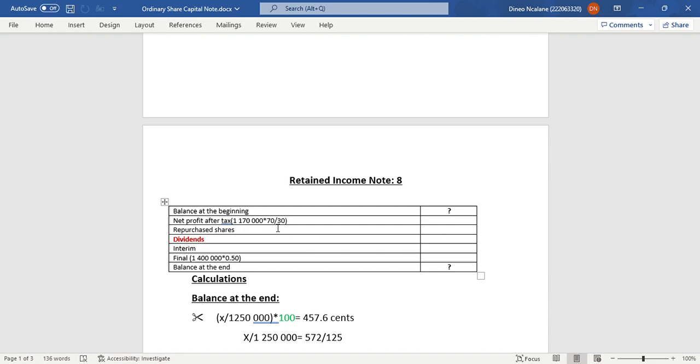That leaves us with 2,730,000. That is our net profit after tax.